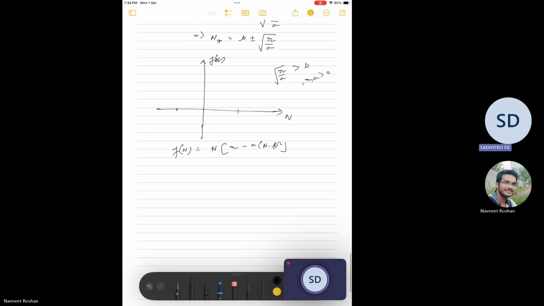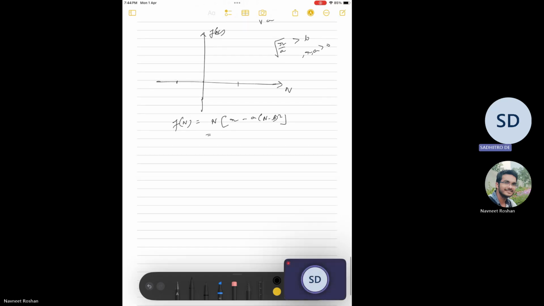All right, so I can write this as n into a, r by a minus n minus b whole square.